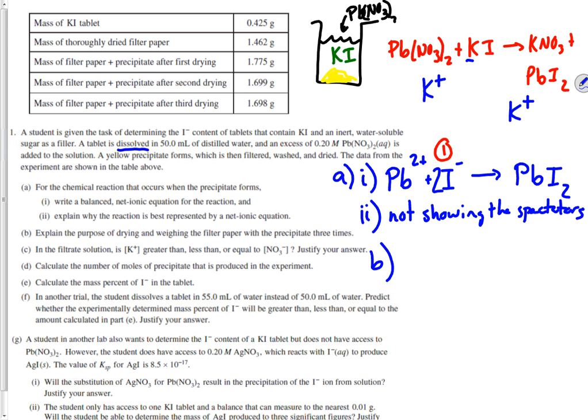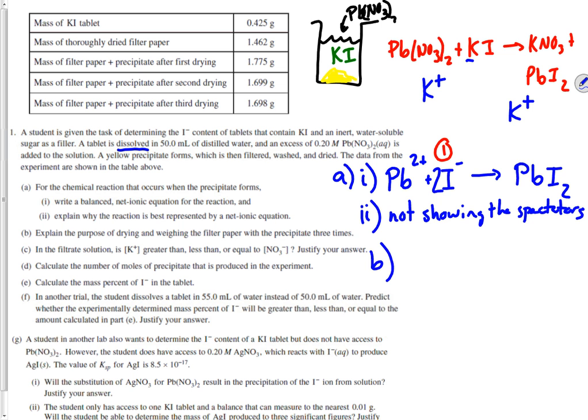Letter B: explain the purpose of drying and weighing the filter paper with the precipitate 3 times. We talked about this in class today, and we've talked about this a little over time. Why are you doing this? To make sure all the water has been evaporated, all of it is gone. If the mass continues to change, going down, that means something continually leaves. Whenever a reaction is done in the context of water, you don't want that as a final mass.